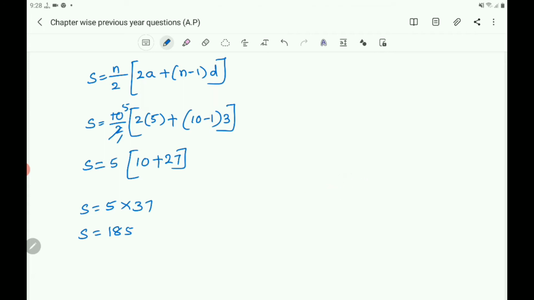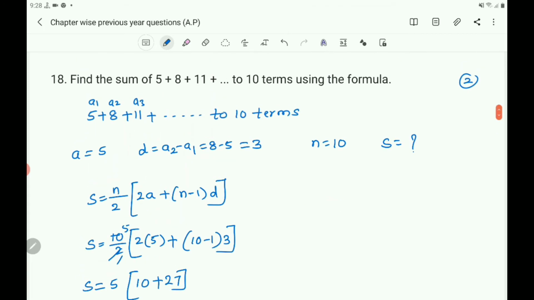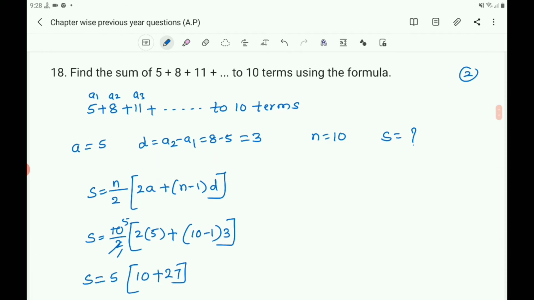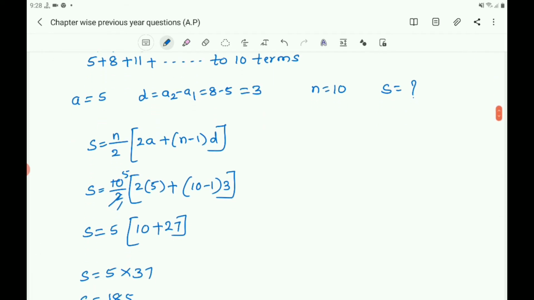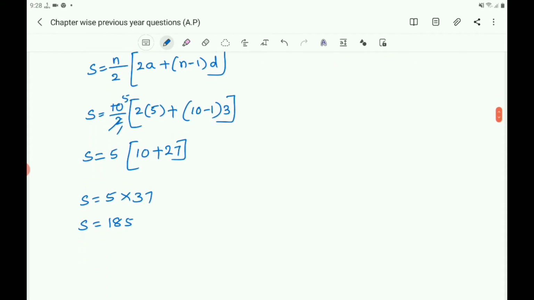Then write that the sum of 5 plus 8 plus 11 plus so on to 10 terms is 185. Therefore, the sum is 185.